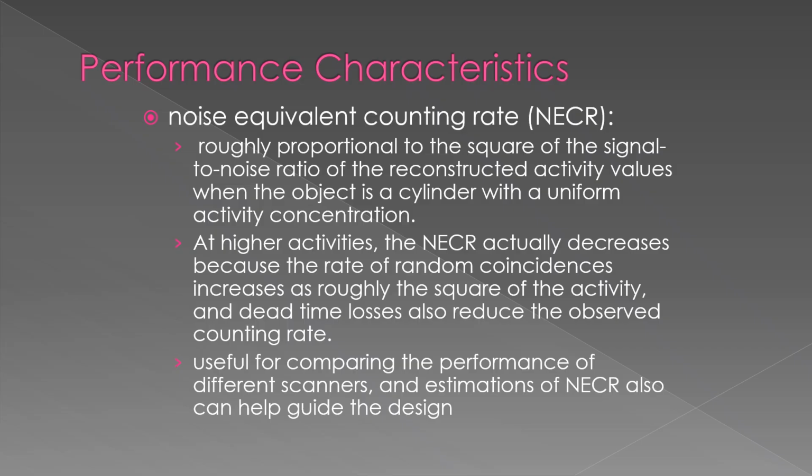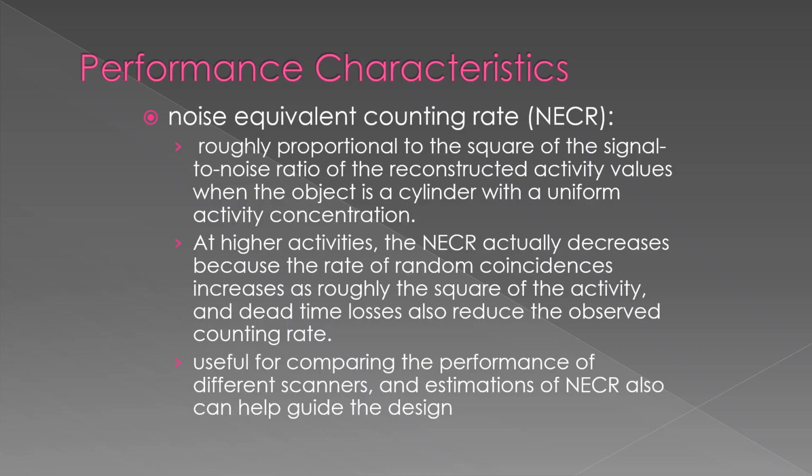This is useful for comparing the performance of different scanners, and estimations of the noise equivalent count rate also can help guide the design. So this is something that is in marketing material or they talk about when they're comparing scanners, because it gets kind of hard to compare sensitivity, resolution, temporal resolution, those kinds of things with a scanner.